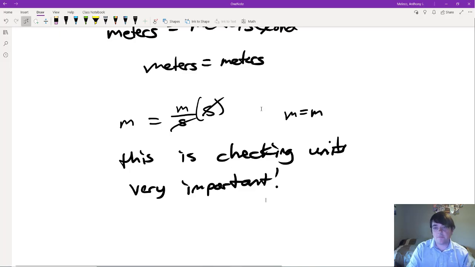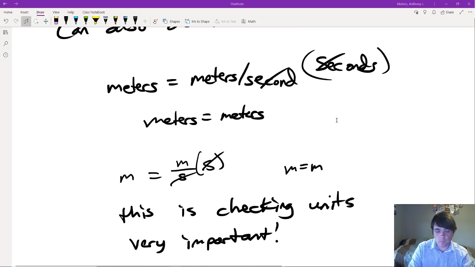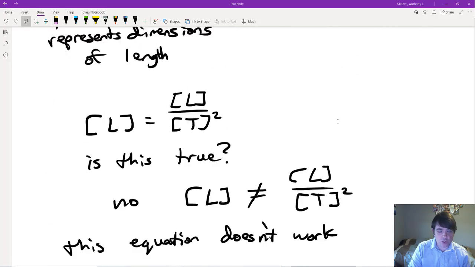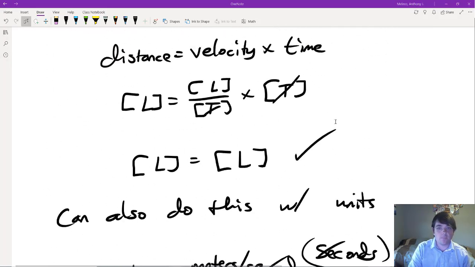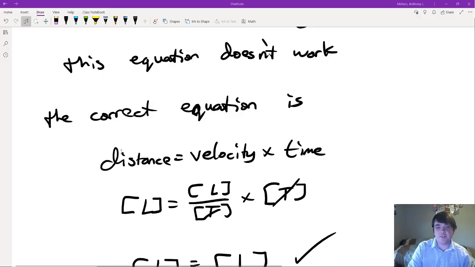And this is kind of your first hint of that. So physics is very interesting in that you kind of know when you mess up the problem because you're not getting the proper units. And there's other ways you can figure that out as well. And this is why people do this, okay? Because it's useful in determining the equation, right? Like, if I didn't have this equation, distance equals velocity times time, I then figured it out.